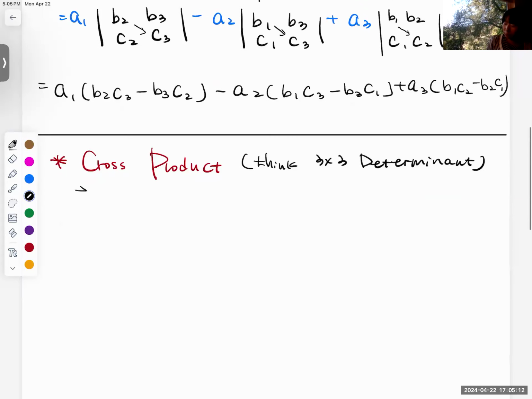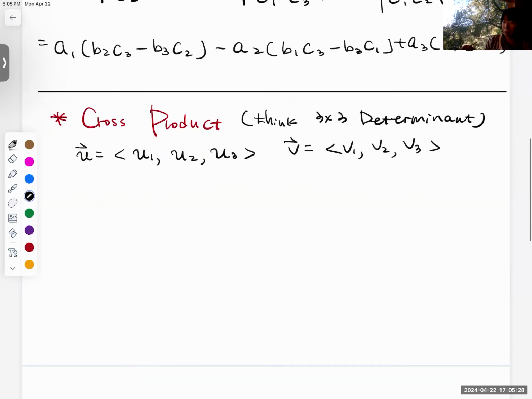Okay, so we have u with the vector notation, right? The components are u sub 1, u sub 2, u sub 3. And then we have v equal to v sub 1, v sub 2, v sub 3. And then we have u cross product with v, right?